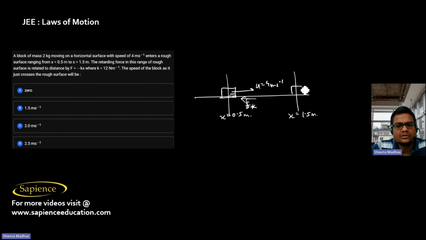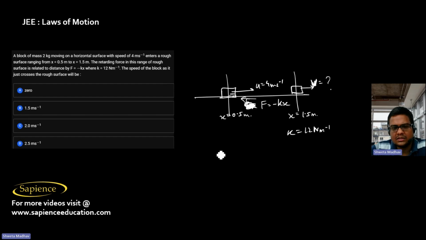The retarding force in this range of rough surface is minus kx, where k equal to 12 Newton per meter. The speed of the block as it just crosses the rough surface will be how much? So this v will be how much, that is asked.